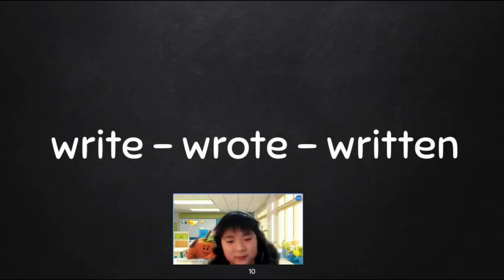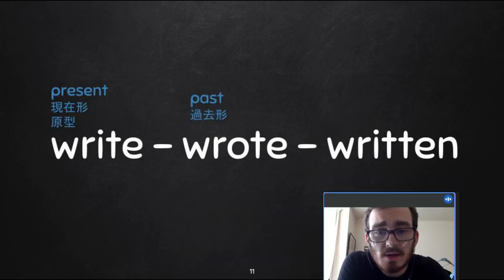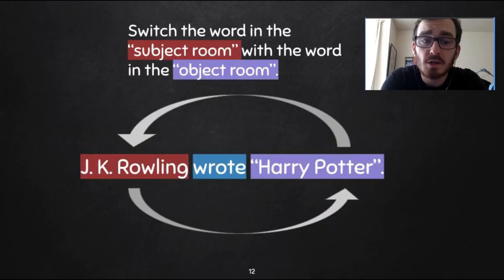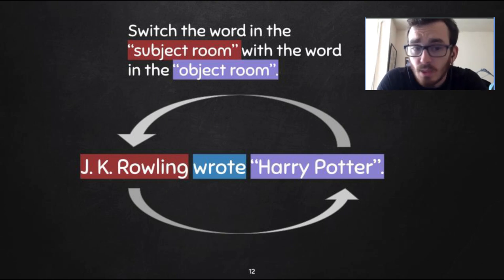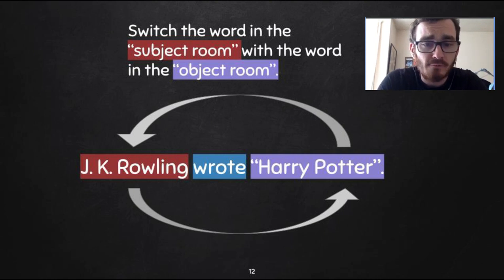And written is what we call a past participle. It's the past participle, and it's what we need in order to change the sentence into the passive voice. So we have each word fits in a room, a kind of room based on the category of the word.